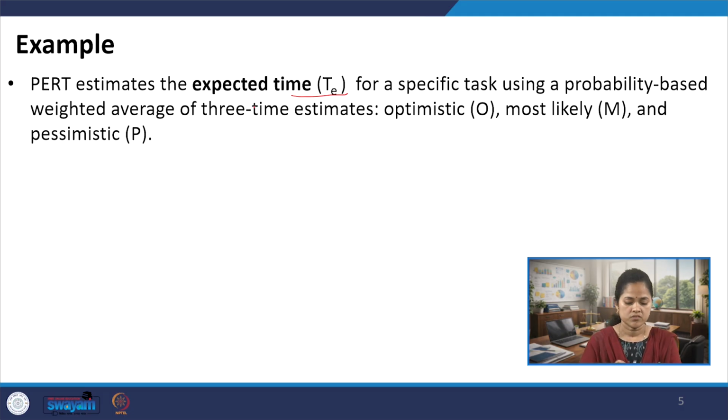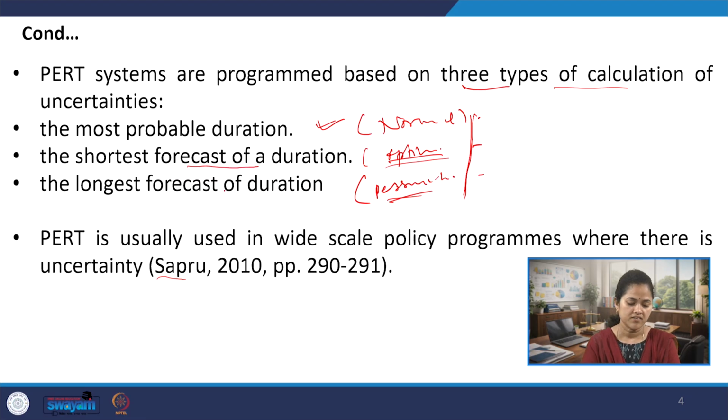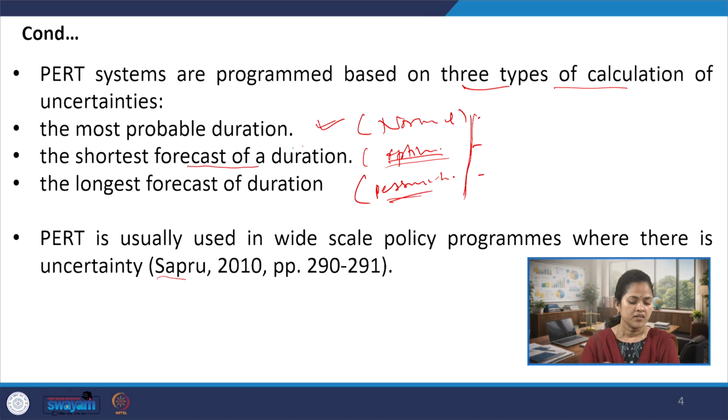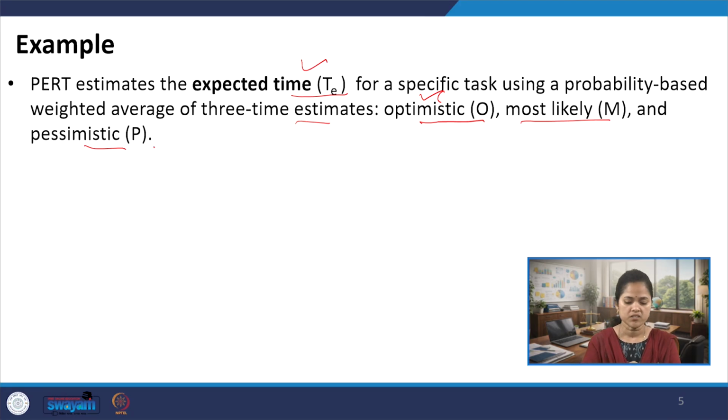We have to find out the expected time for a specific task using this probability-based weighted average of the three estimates that we have already discussed: optimistic estimates, most likely estimates, and pessimistic estimates. Optimistic estimates are the best, the shortest forecast of a duration; most likely is the most probable duration; and the longest forecast of duration is the pessimistic estimate.